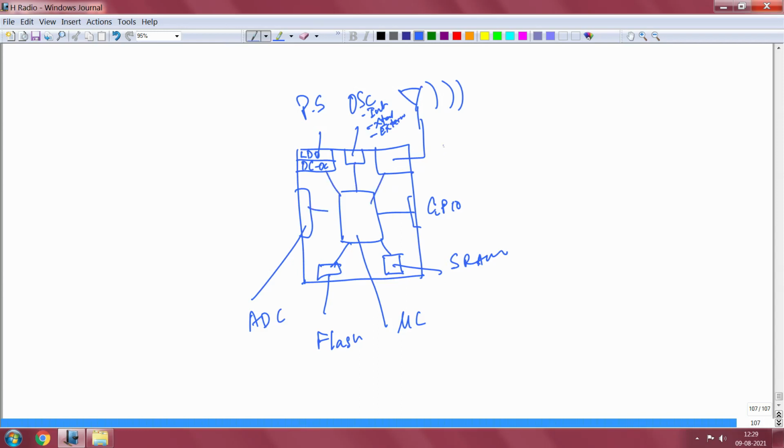Now this radio here, whatever gets integrated into an SOC typically, you can either have Bluetooth low energy radio or it can be ZigBee, and sometimes it can also be Wi-Fi which is embedded inside the system. Now question is when to use these, it has always occurred to you.